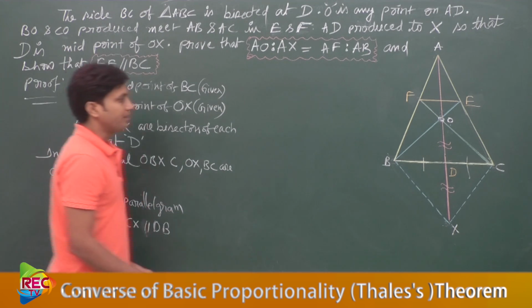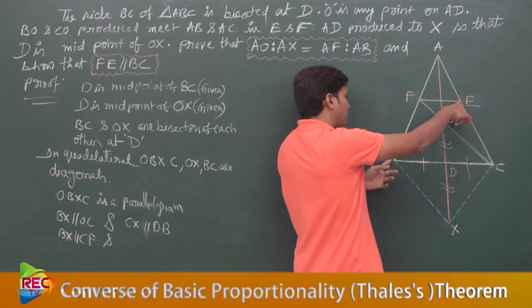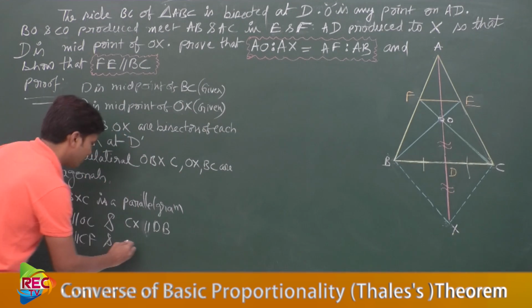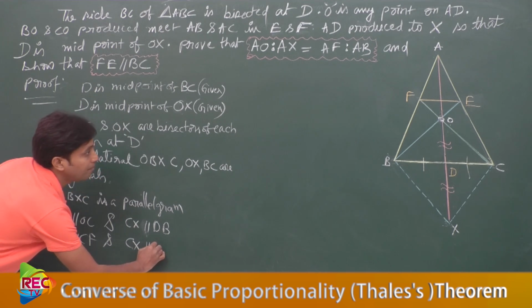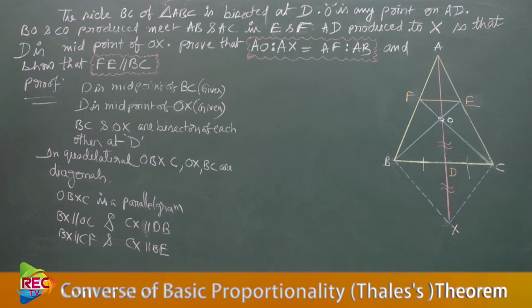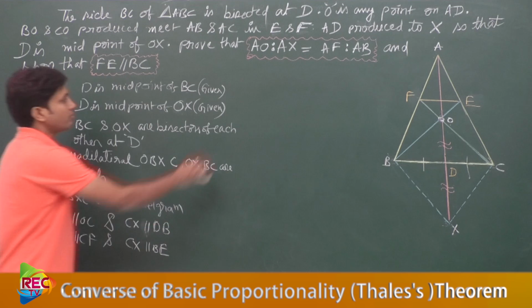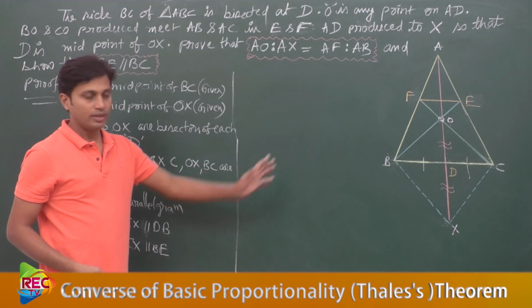And similarly, here CX is parallel to BO, so therefore CX is also parallel to BE or not? CX is also parallel to what? BE. Got it?